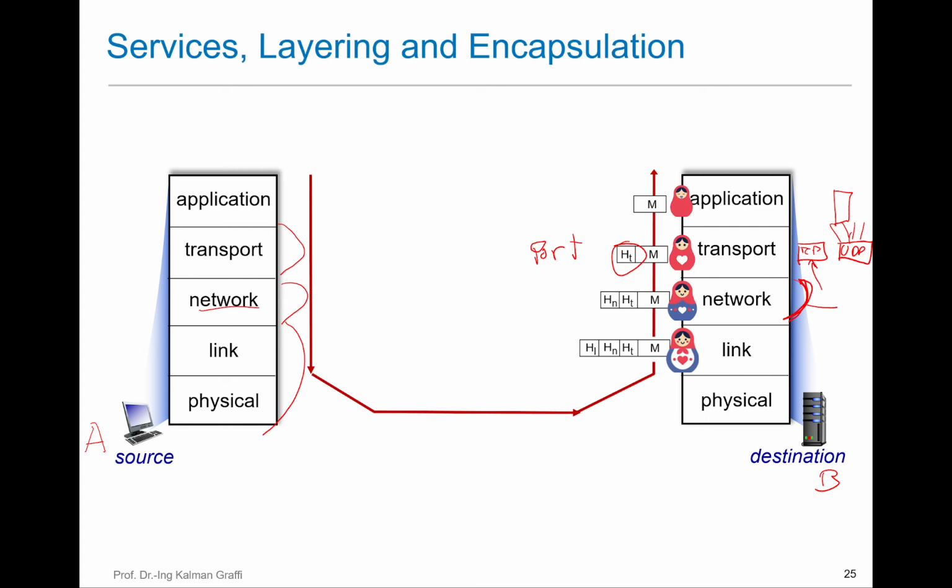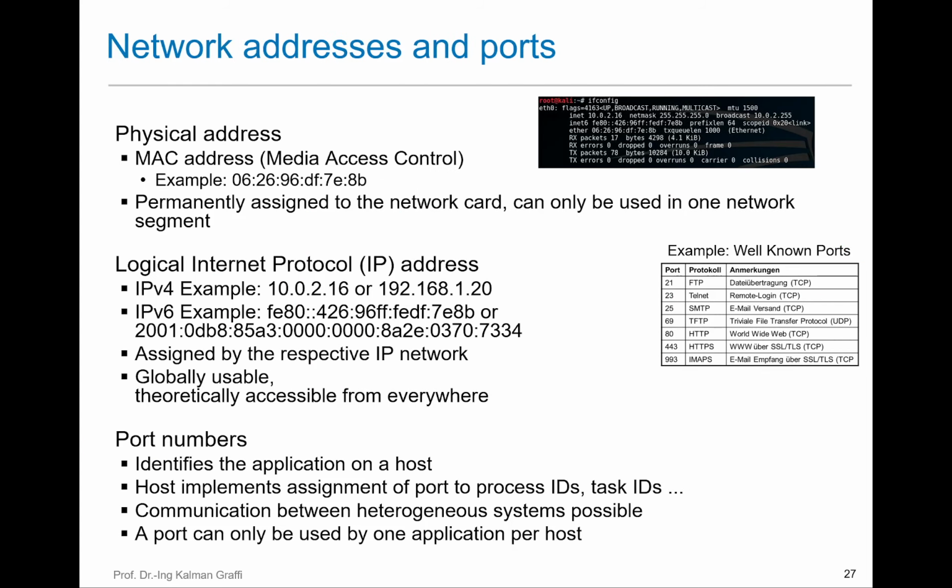Everything fine so far. Maybe we should have a little repetition on the addressing scheme in IP. As you see here, we have typically these 4 octets. One of these numbers has 8 bits. So in total in IP version 4 we have 32 bits: 8 bits, 8 bits, 8 bits and 8 bits, with numbers from 0 to 255. Typically the largest number is used for broadcasting, and we also have some kind of representation of this scheme.